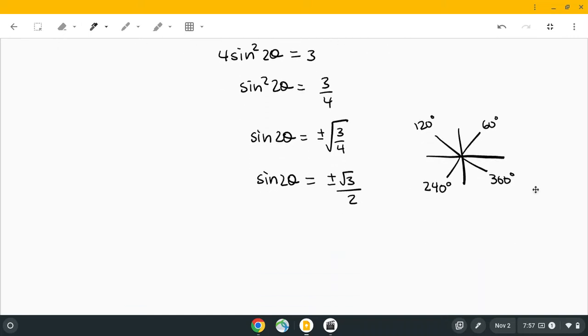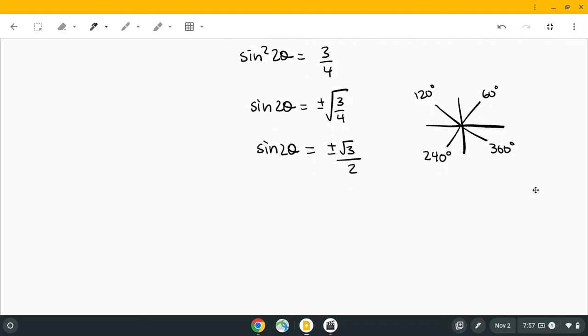Let's write that down. 2 theta equals 60, 120, 240, and 300. This is my first circle.